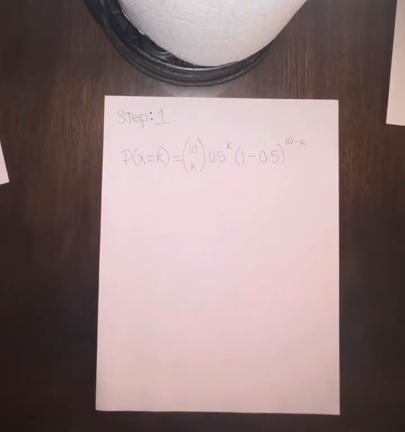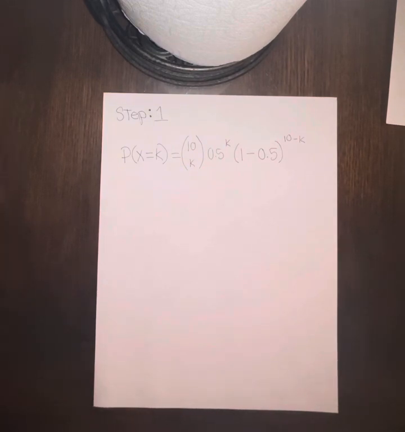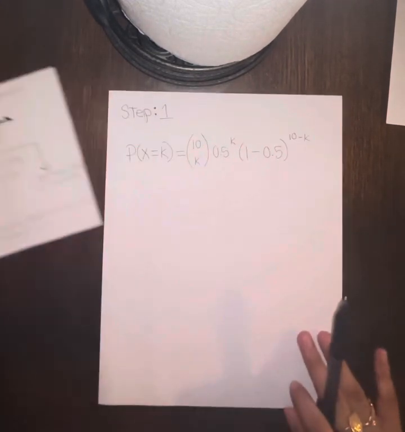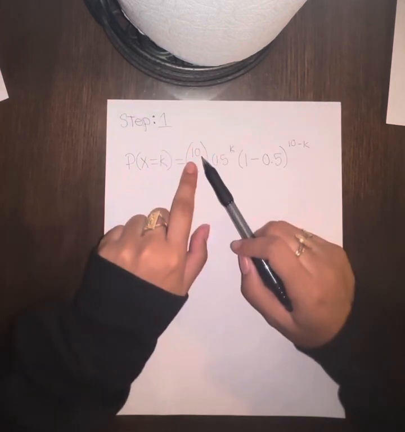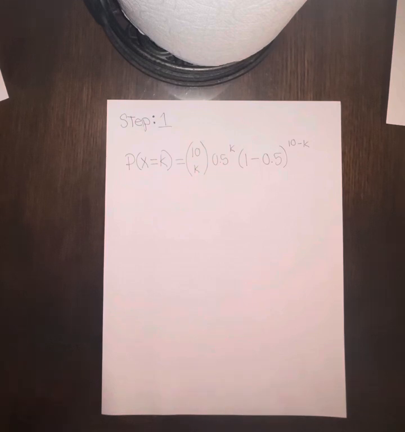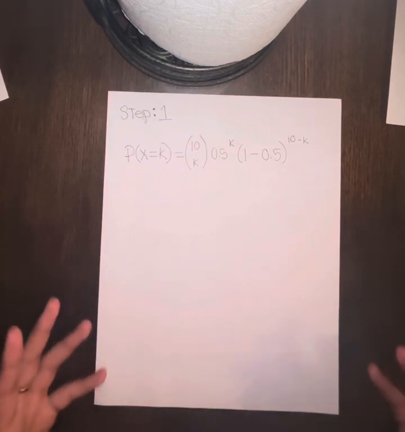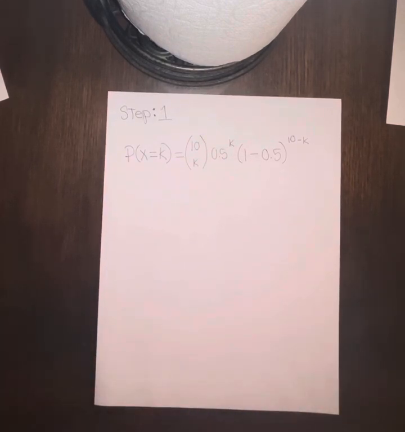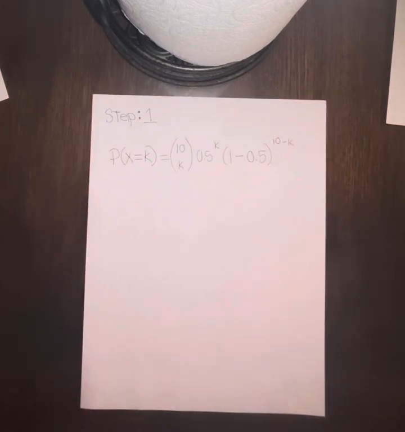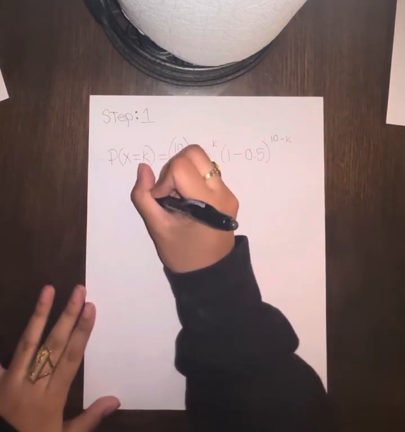In this case, you just plug in the numbers given to you into this formula. So you plug in 10 for N, because it's the total number of properties purchased, and you plug in 0.5 because that is the probability, which is 50%, but as a decimal it's 0.5.